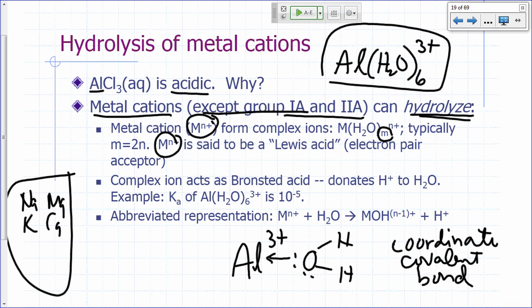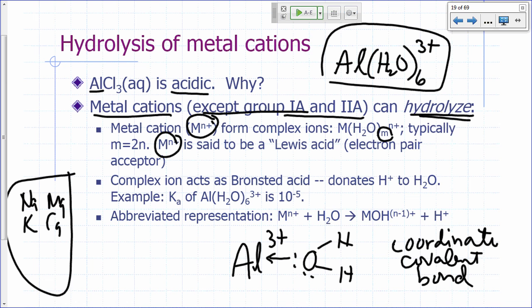The shared electron pair is being provided by the water. It's still a covalent bond just like any other, except that when we use the word coordinate, we think about where it came from. This bond resulted from a water molecule donating a pair of electrons to the aluminum.